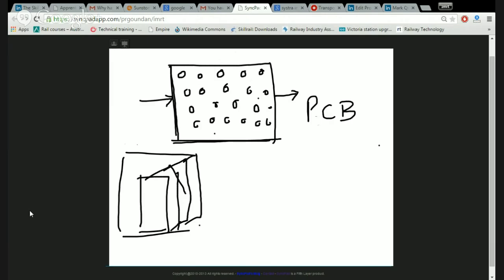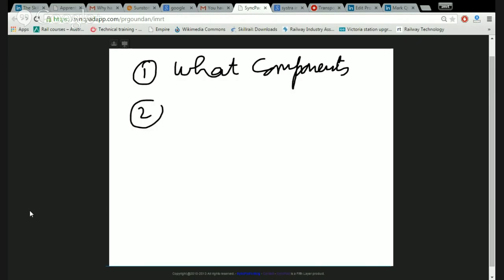In a board like this, it is populated with components. This much only I know. And I know what components they are. Second thing, I know how many components are there. Just count.